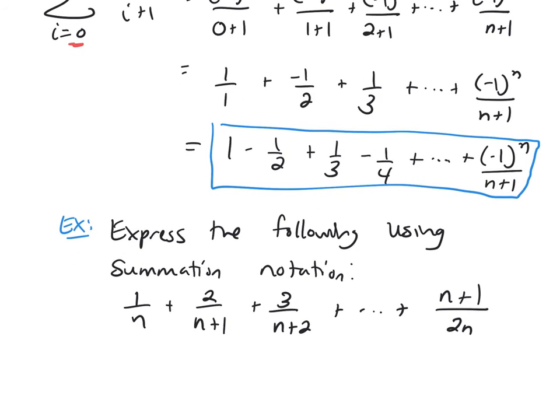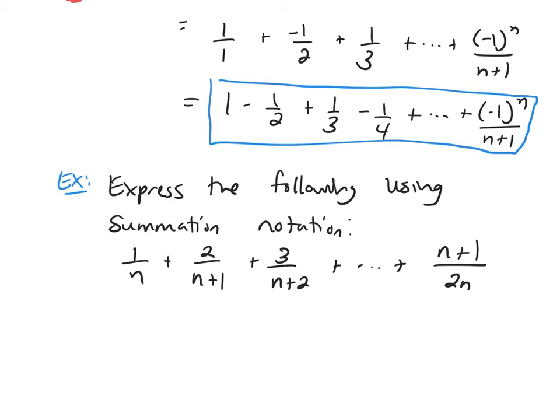If we're trying to write this in summation notation, we've got to notice patterns. You've got a numerator and denominator. Let's start with the denominator. Do you see the pattern with the denominator? It's n plus 1, n plus 2, so it keeps going up by 1 here. And 2n you can think of as really being n plus n, which is the same thing as 2n.